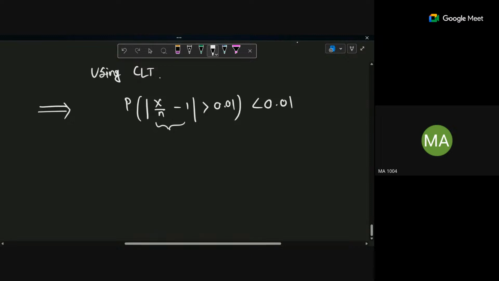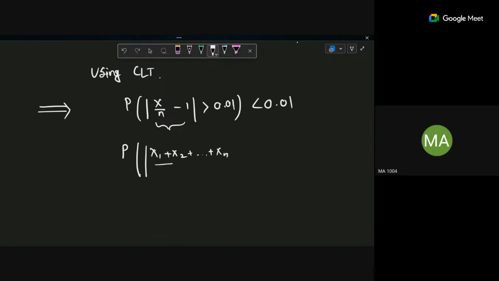So how to do that? Let me just write the probability that X is nothing but X1 plus X2 plus Xn. Rest of the things are same. Do you agree that I can write this X as a summation of X1 to Xn?